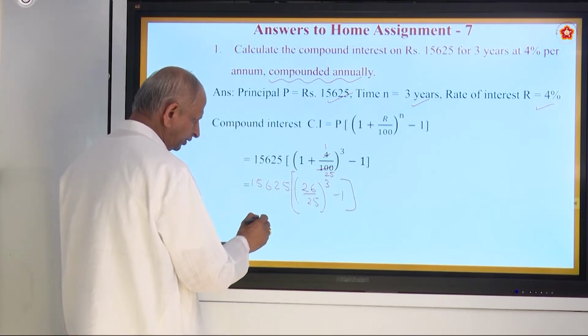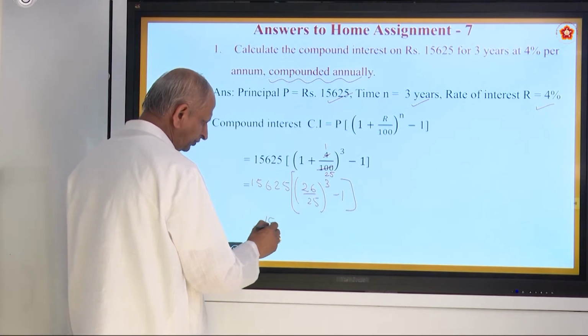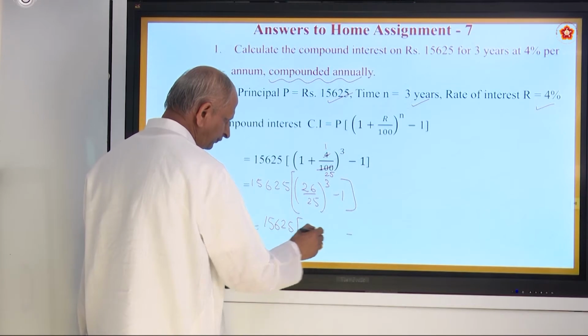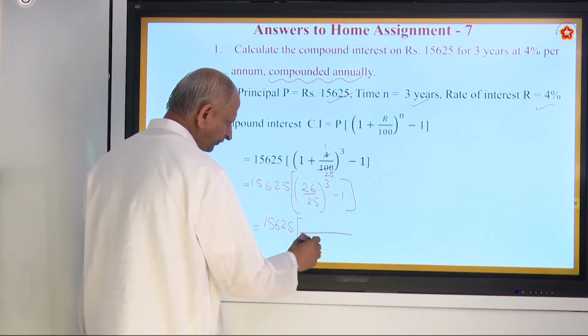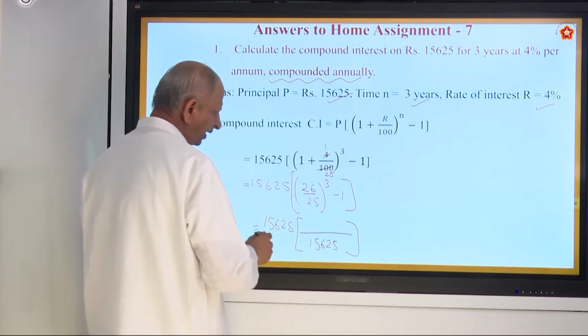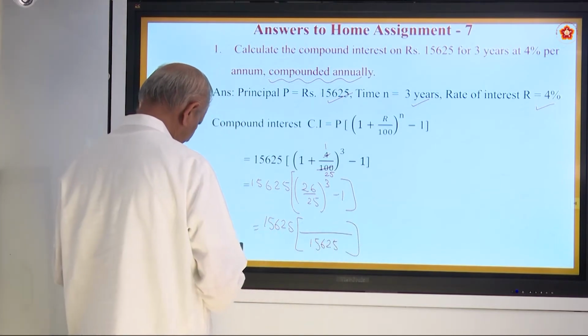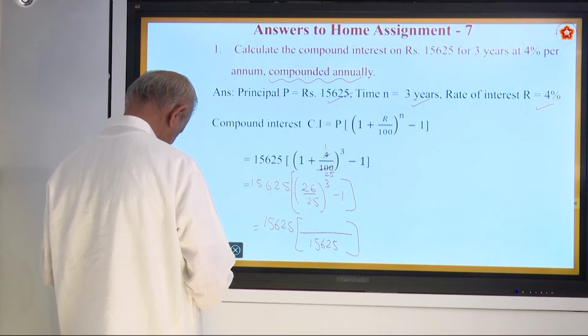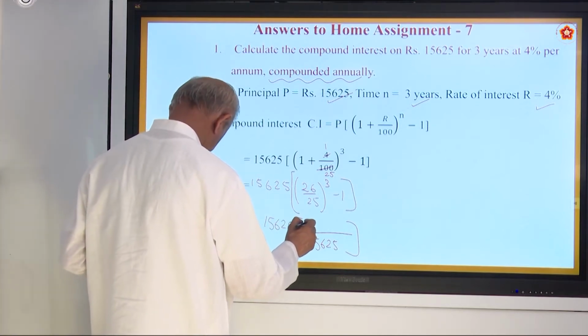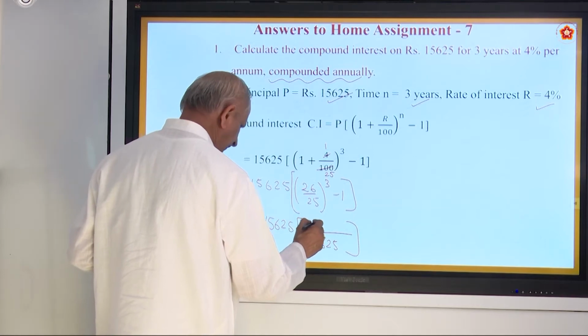And that is equal to 15,625 into, the 25 cubed is 15,625 again, and if you multiply 26 three times, you get 17,576.